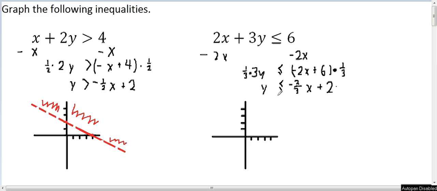So we end up with the combined inequality y is less than or equal to minus 2/3 x plus 2.